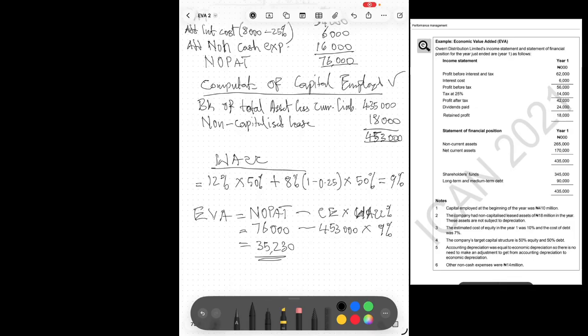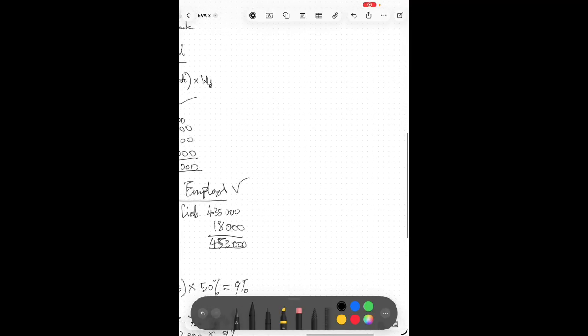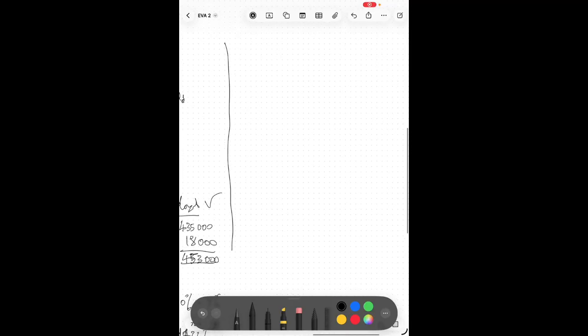Just to mention again, not cost of capital, sorry, the capital employed. I tried to mention that capital employed can actually be measured in different ways.